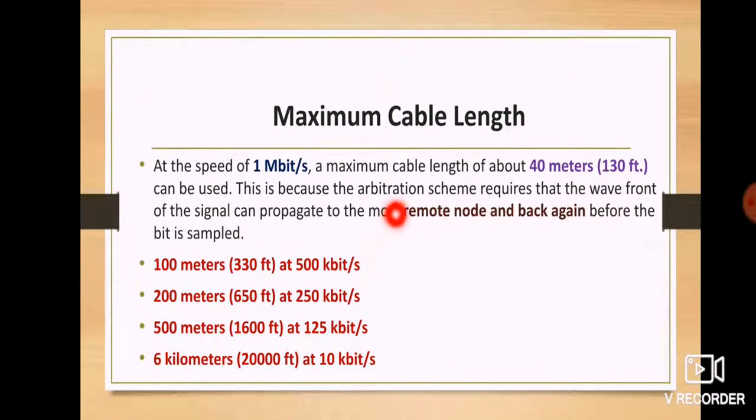The reason behind the 1 Mbps limit is that the arbitration scheme requires the wavefront of a signal to propagate to the most remote node and back again before the bit is sampled. So it depends on the sampling time of the bit, which wins the arbitration, on the remote node, and it needs to come back again for the next computation of the arbitration, as you may be aware from the previous tutorial.